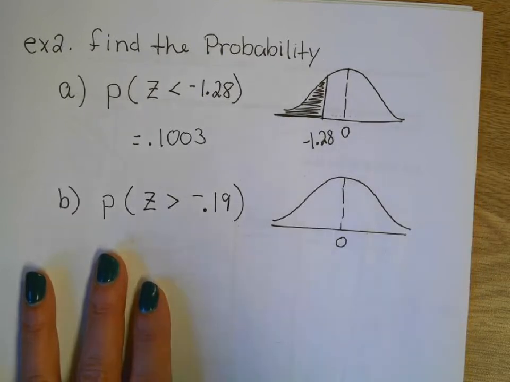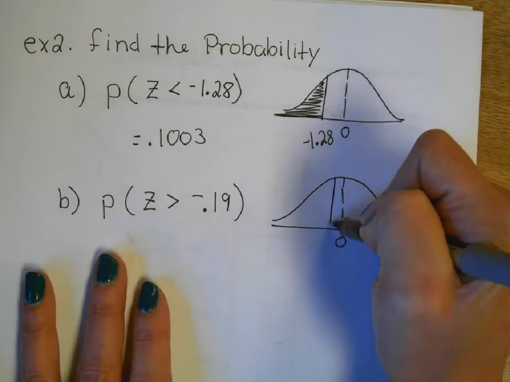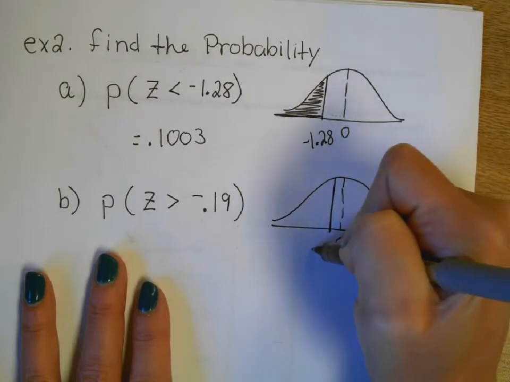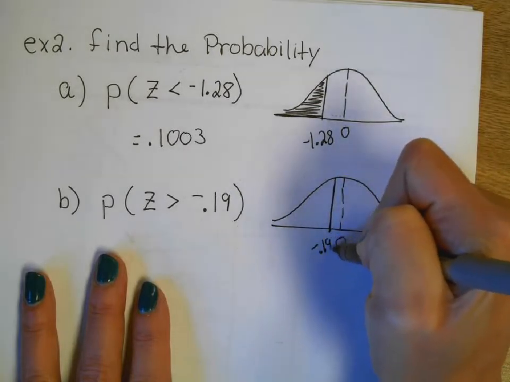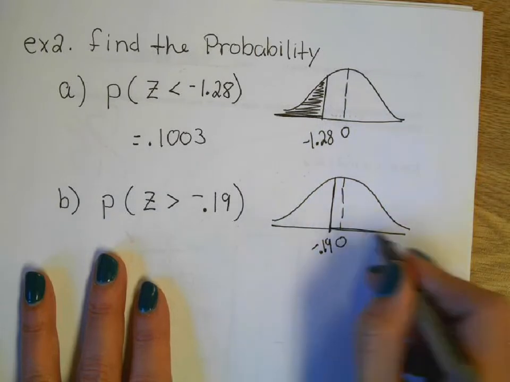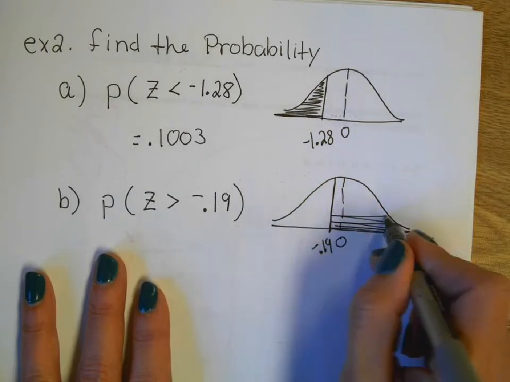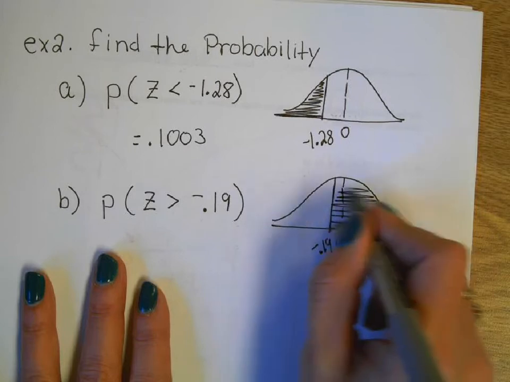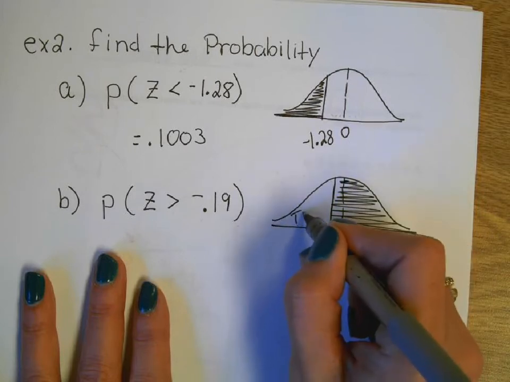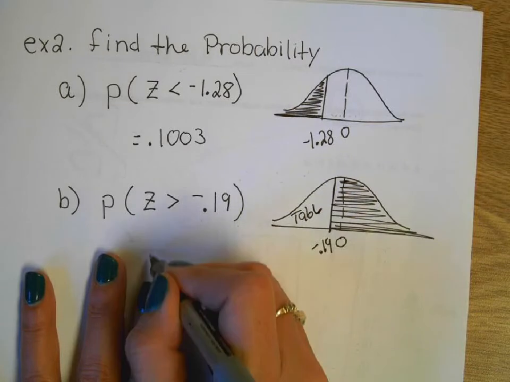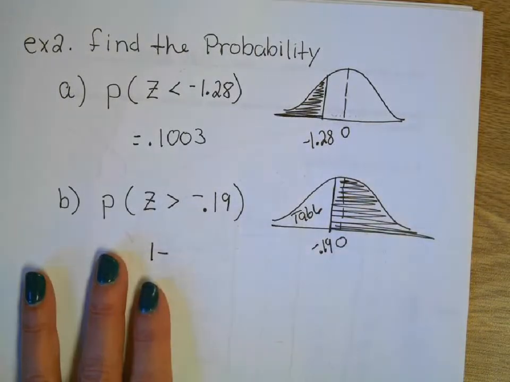That's not very far off of that mean, just a smidge. And it's to the right. Greater than. Remember, the table is going to give me this area. It's a 1 minus. What's negative 0.19?